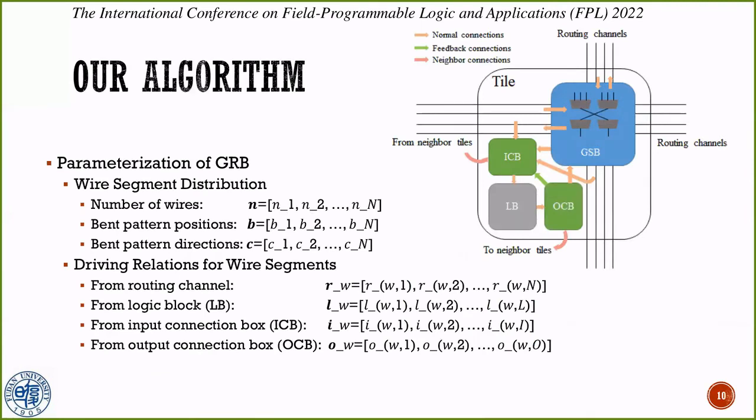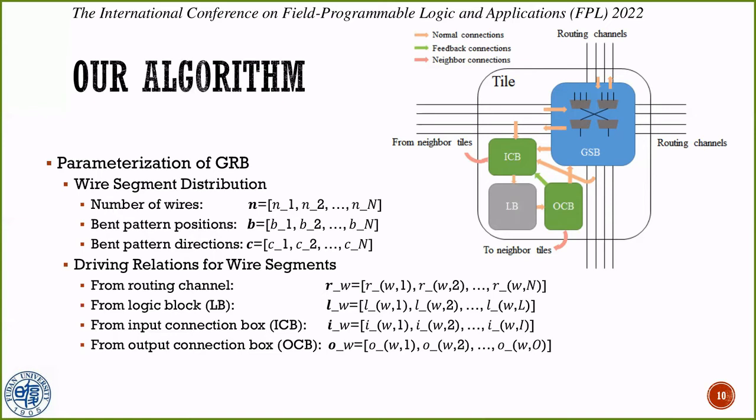To utilize Bayesian optimization, we need to parameterize the GRB model. The GRB model has two types of parameters. First is the segment distribution. We need to specify the number of different wire types.